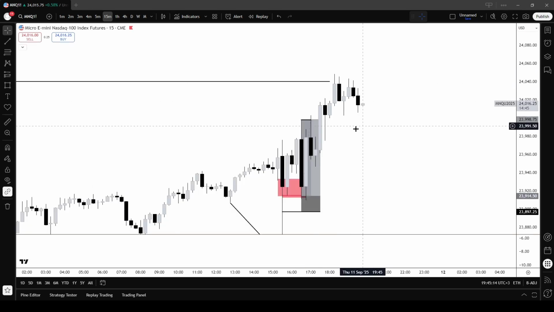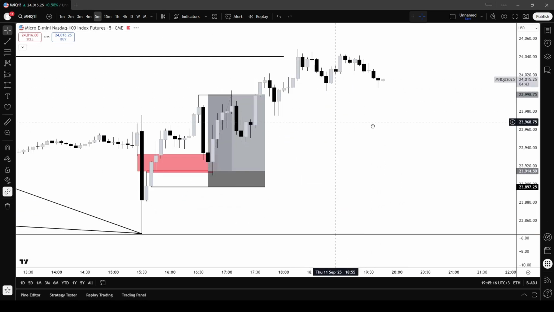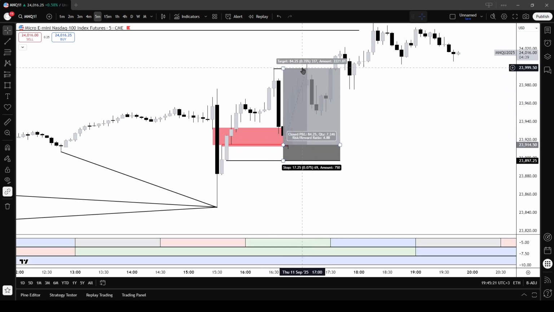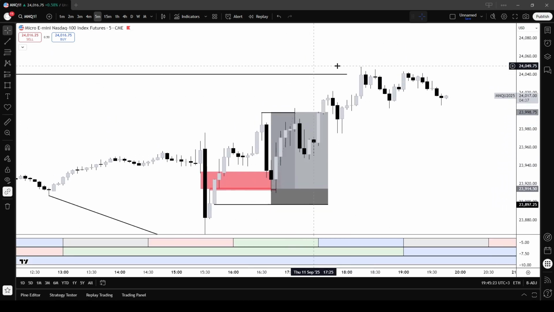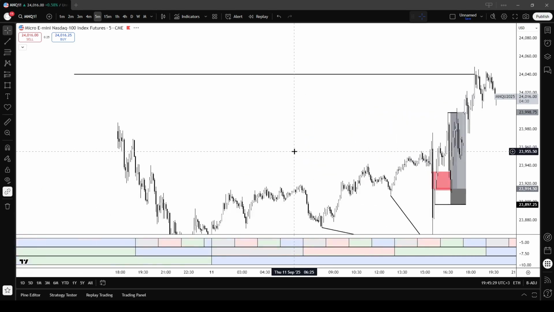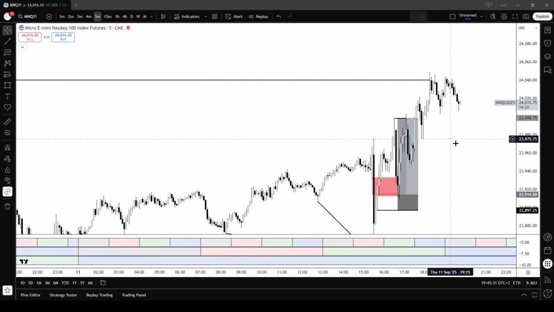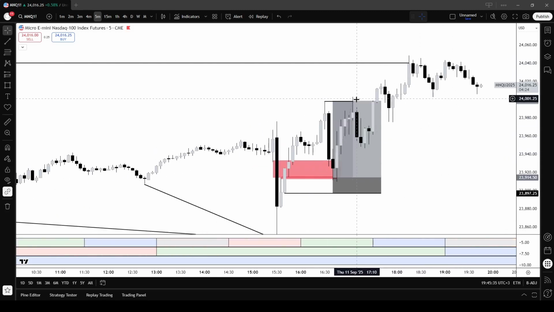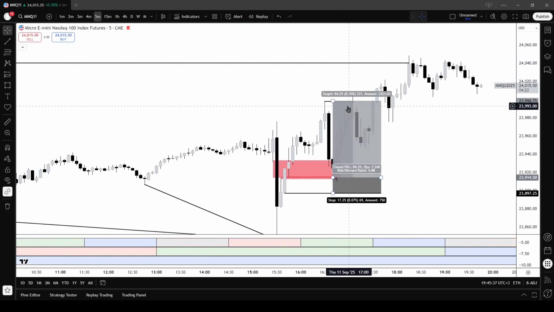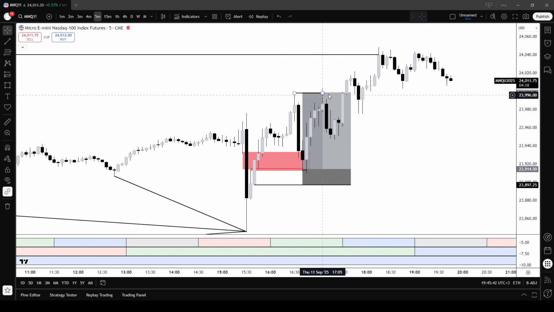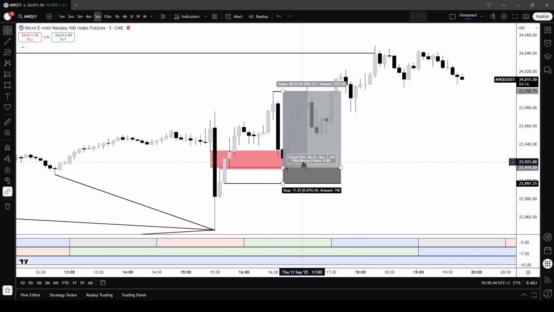It was taken out, but I didn't want to target that because I already had high RR from this entry, so I thought there's no reason to target the highest high, because sometimes it gets taken out, or it just creates another SMT and drops down. So I targeted this high, which is lower and more probable that the price will reach. As you can see, it went up clean.